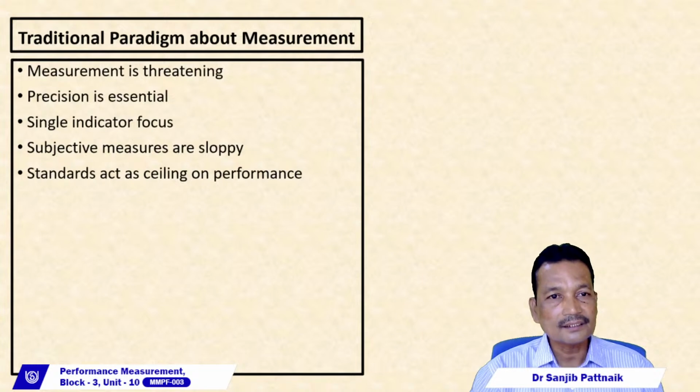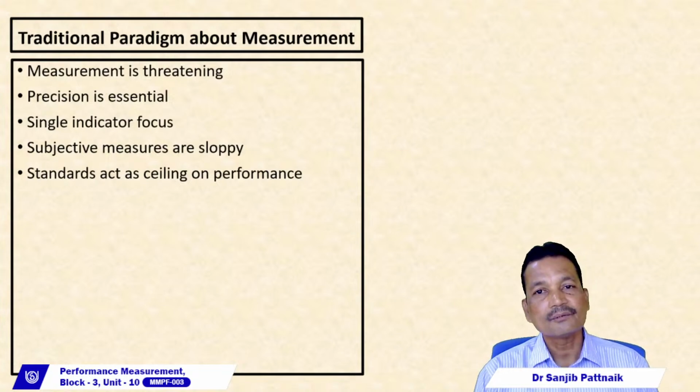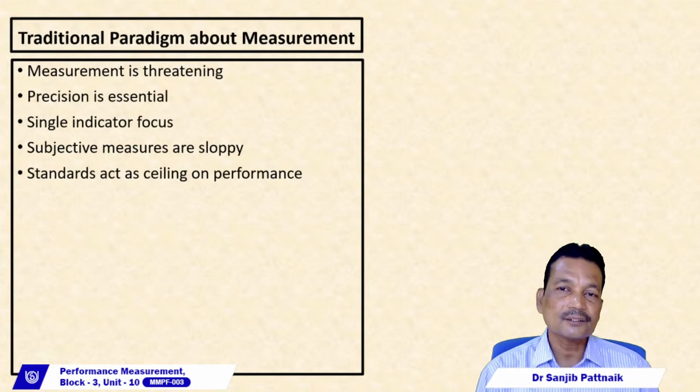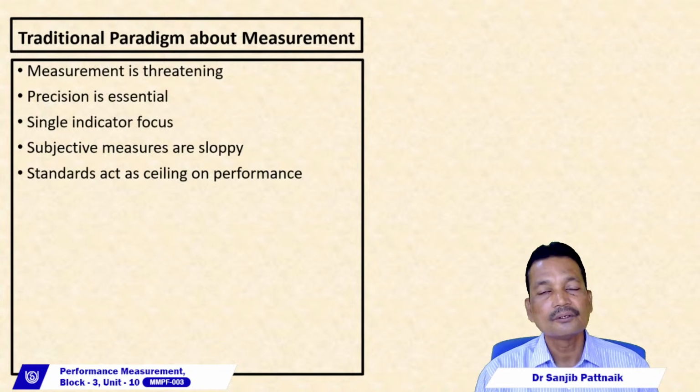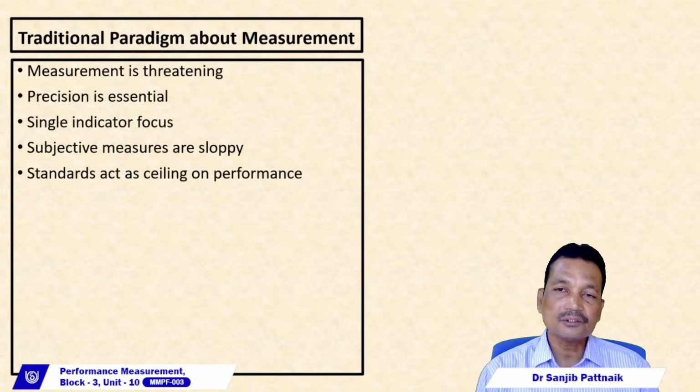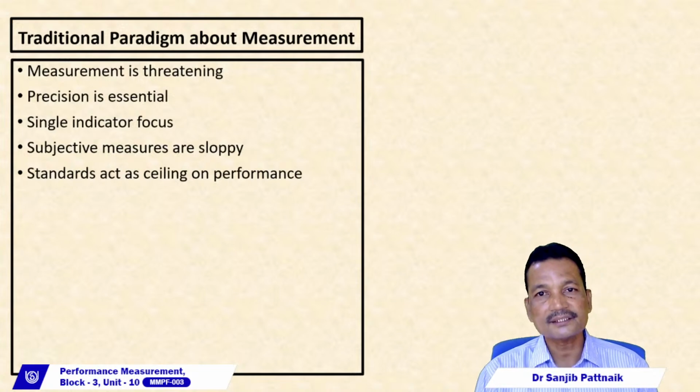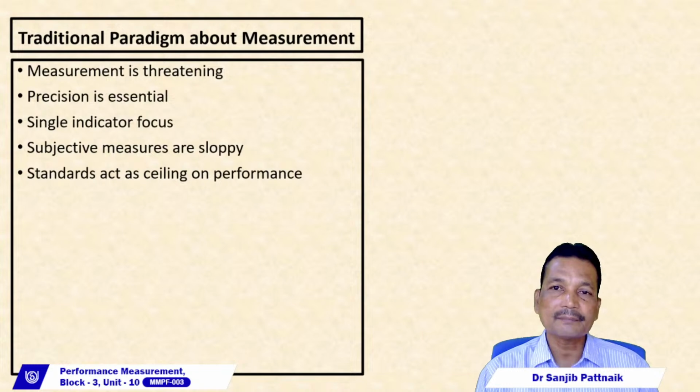Another viewpoint about measurement was a single indicator focus. What was happening when we talk about a single indicator? Let us think about the organization as a whole. If we talk about profits, the net profit in general, we can say net profit is a single indicator for the organization. But in order to generate that profit, a number of activities might have been carried out.